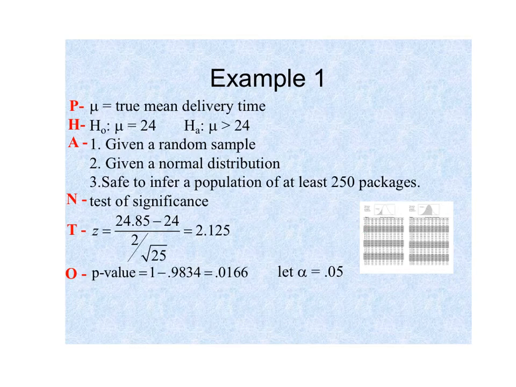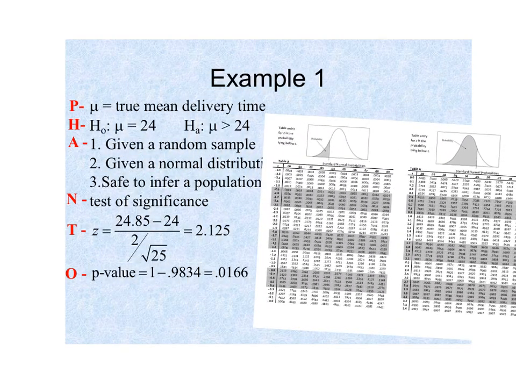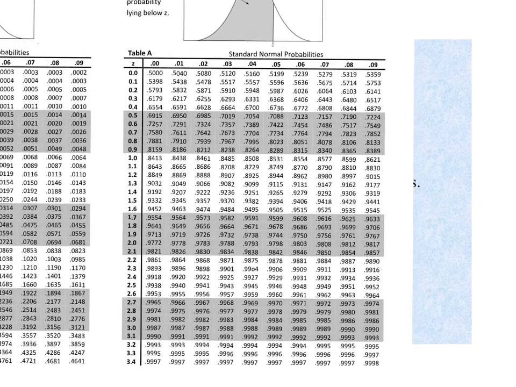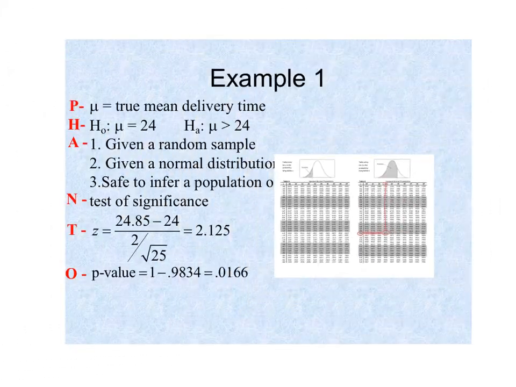Then I have my Z chart here, 2.125. Let's round it up to 2.13, right? .13. So that gives me 0.9834. 0.9834.